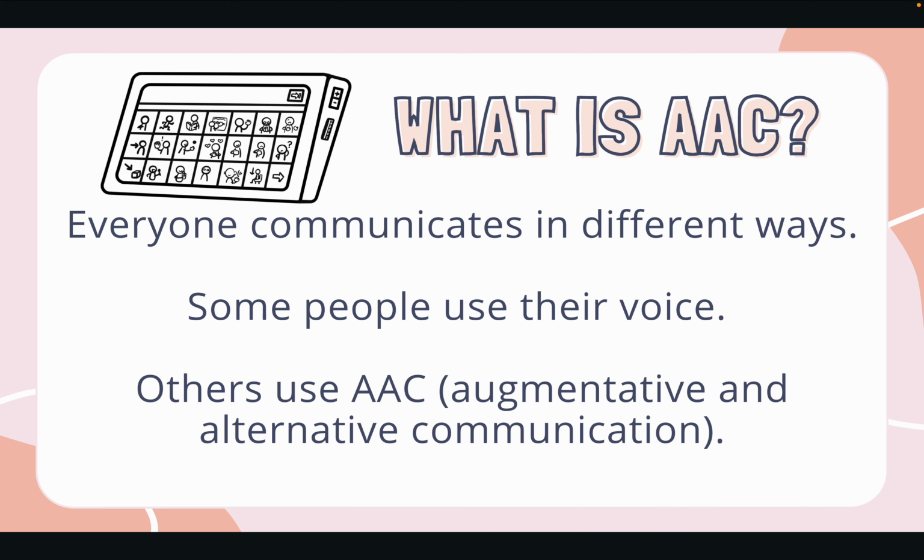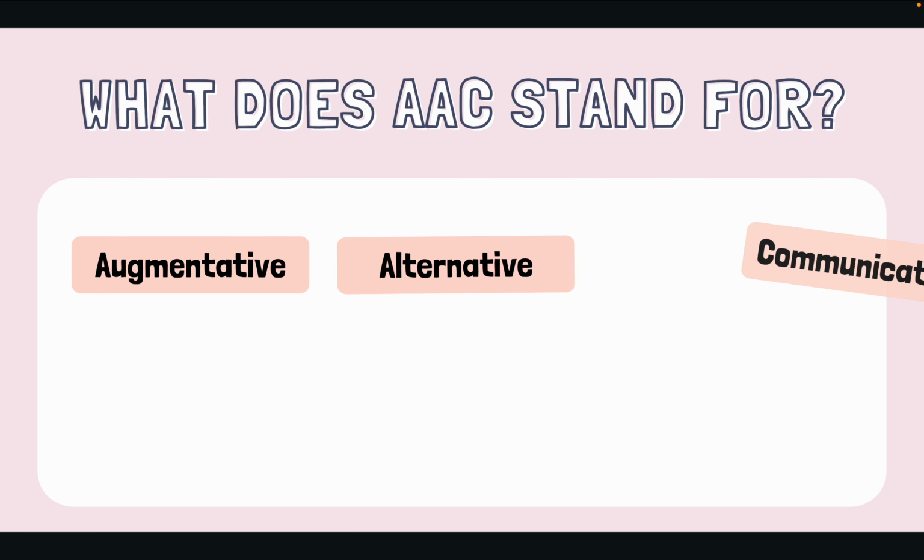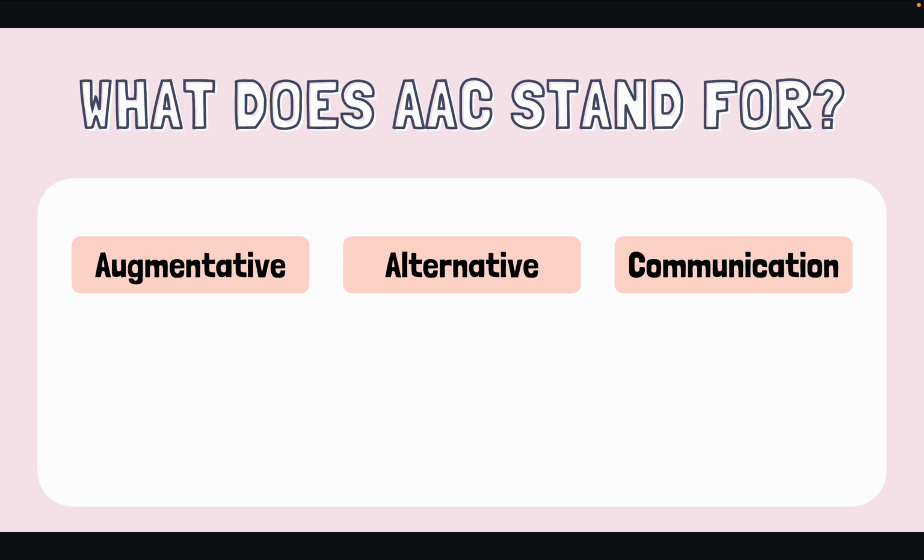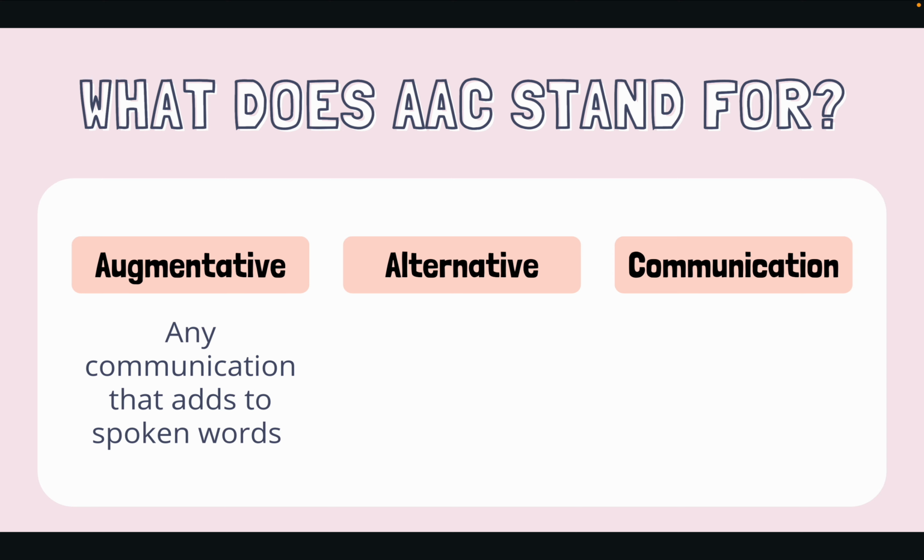Everyone communicates in different ways. Most people use their voice, and that voice can be different for people who are in need of a device of some sort, or maybe they need to use a different way of speaking, communicating their thoughts. So when we say augmentative, we are talking about anything that adds to spoken words.